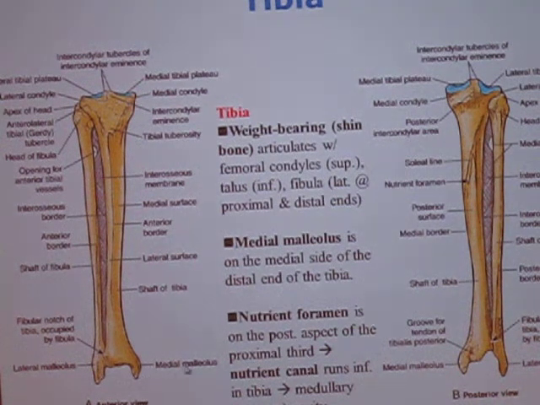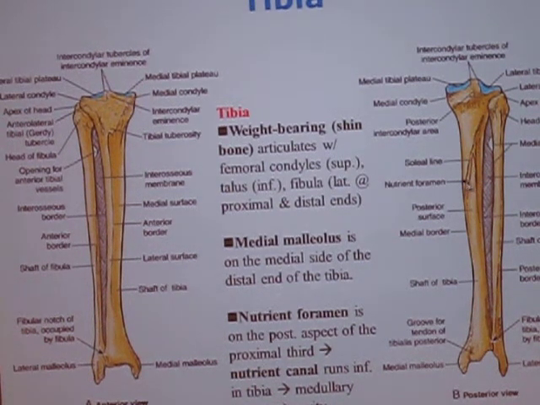Again, I'd also like you to know that the medial malleolus arises from the tibia, and the lateral one arises from the fibula.